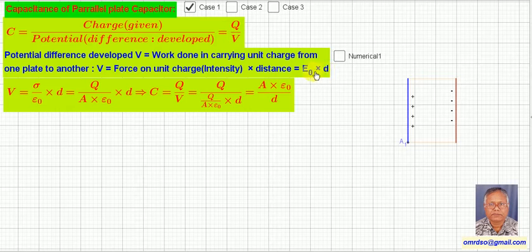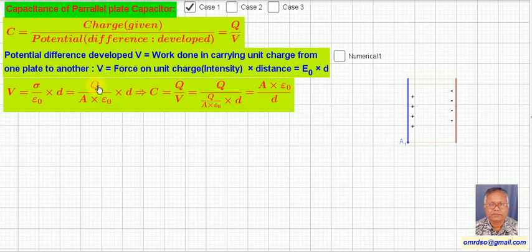But E0, the intensity of a parallel plate capacitor charged plate, is given as sigma upon epsilon naught, where sigma is the charge surface density. Charge surface density means charge upon surface area, into epsilon naught, and the distance is d. So V is equal to sigma upon epsilon naught into d, that is equal to Q upon A epsilon naught into d.